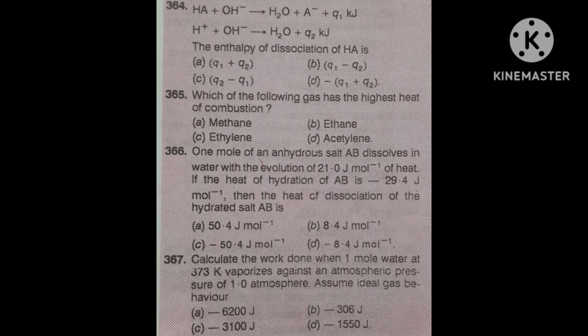If the heat of hydration of AB is minus 29.4 joule per mole, then the heat of dissociation of the hydrated salt AB is: first option 50.4 joule per mole, second 8.4 joule per mole, third minus 50.4 joule per mole, fourth minus 8.4 joule per mole.